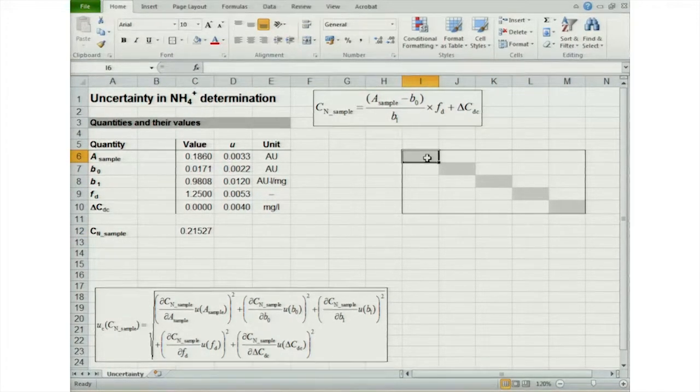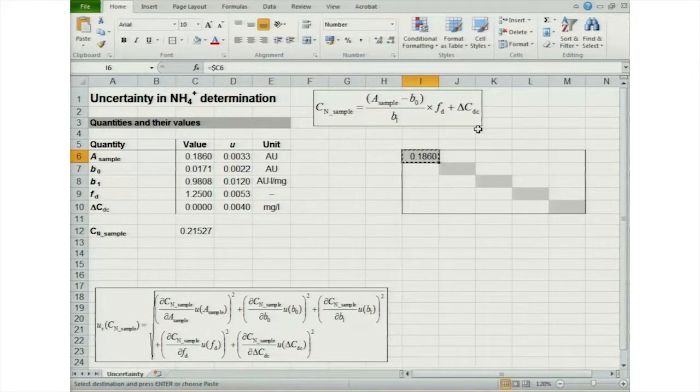We will take the values of our input quantities into all these 5 columns, just the same way as they already are in this column here. So equal, and we use the $ sign to fix the column, but we do not use the $ sign for the row, because we don't want to fix the row.